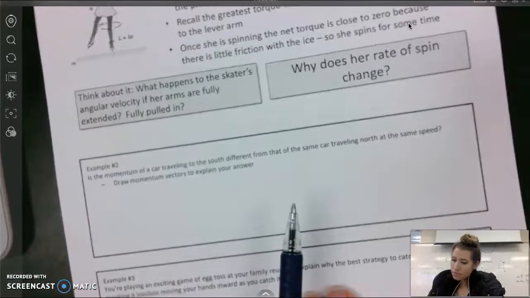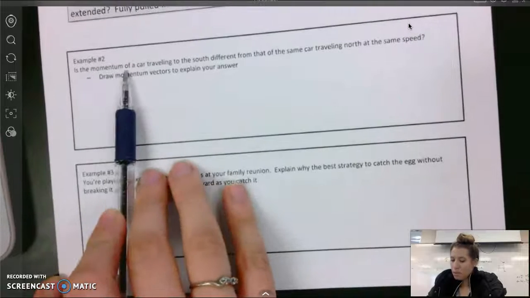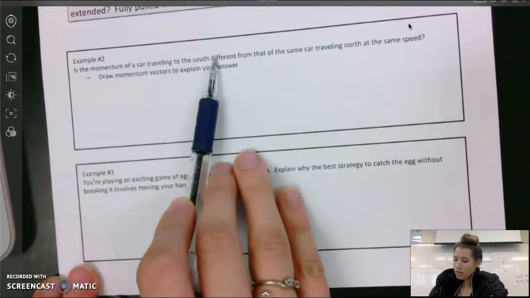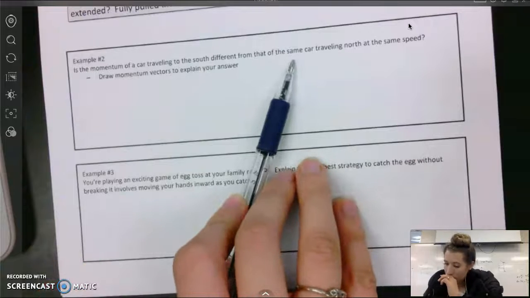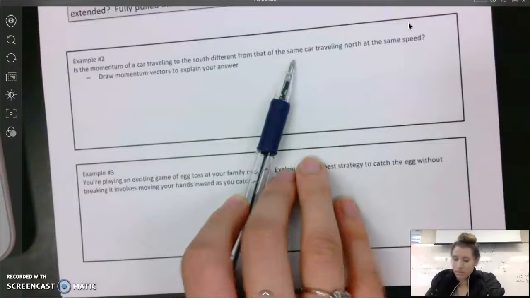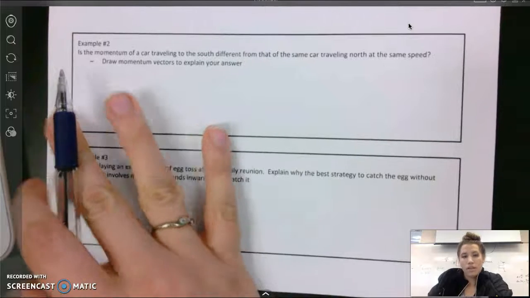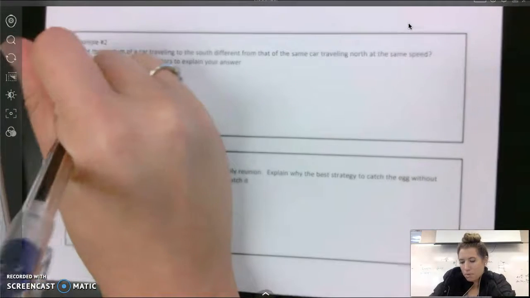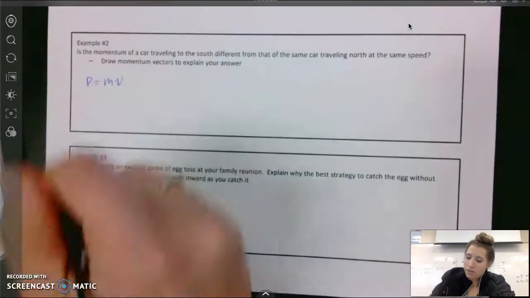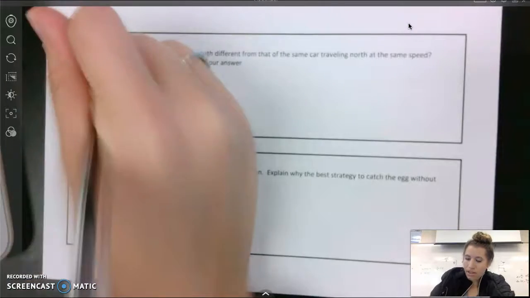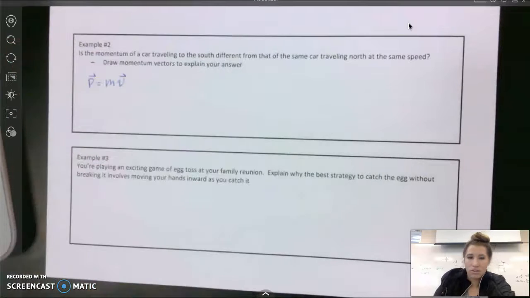Now, is the momentum of a car traveling to the south different from that of the same car traveling north at the same speed? Let's think through this. It's asking for momentum. Momentum is mass times velocity, and we're talking about velocity as a vector, so that means that momentum is a vector as well.